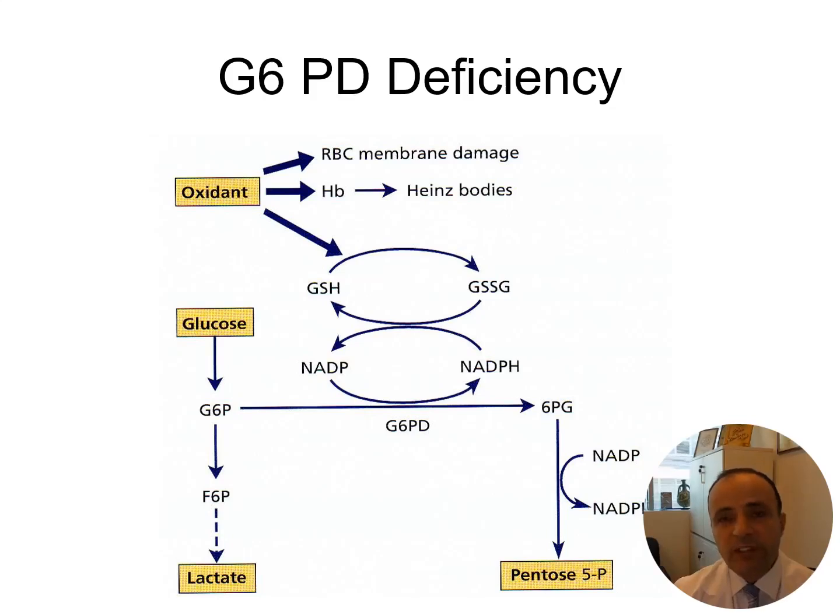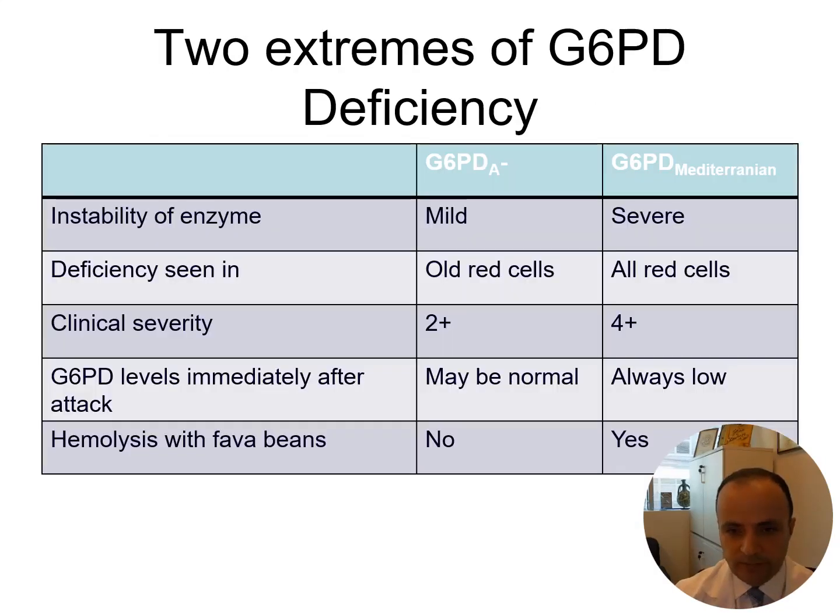If you have a G6PD deficiency, you don't make enough NADPH, so your red cells are more susceptible to the effect of oxidative stress. And we have two forms of G6PD deficiency: the A type, which is the African type, or the Mediterranean type, which we commonly see in our region. Usually the Mediterranean type is the more severe type.